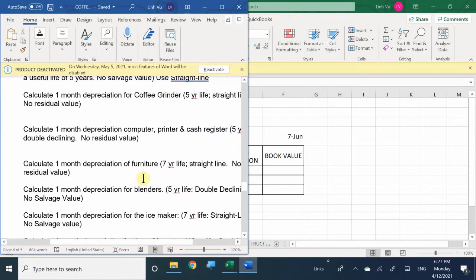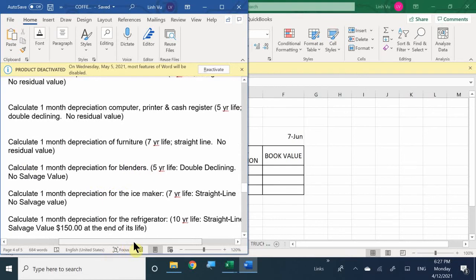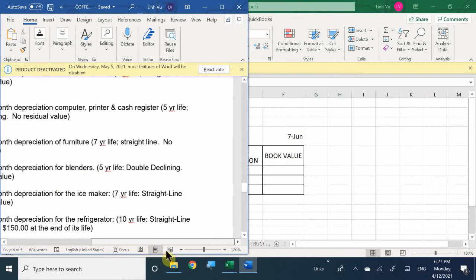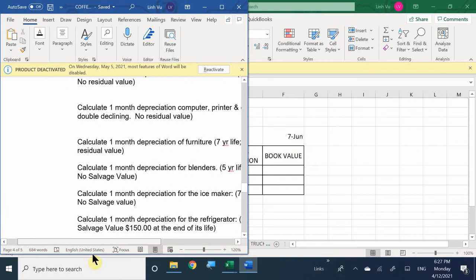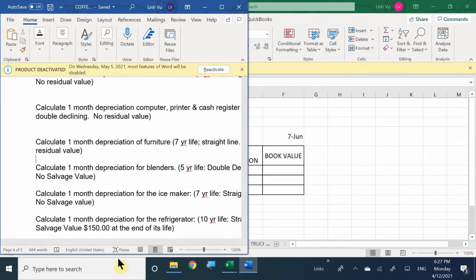All right, now we're actually getting into the new material. So it says here that we need to calculate 1 month depreciation for our blenders, okay? It has a 5-year life, double declining, and we're going to assume that there is no salvage value.